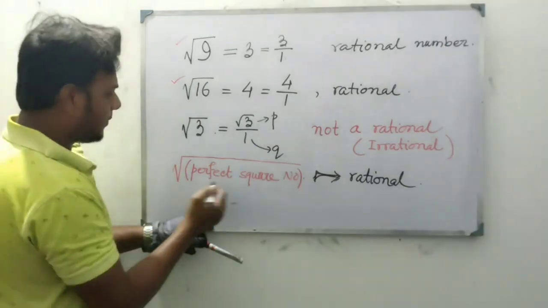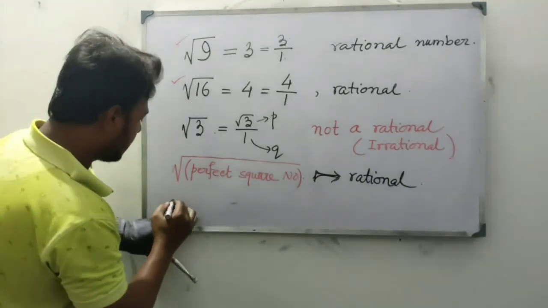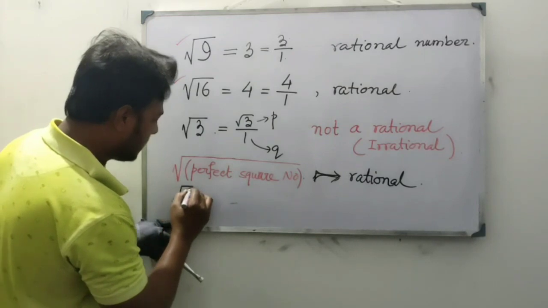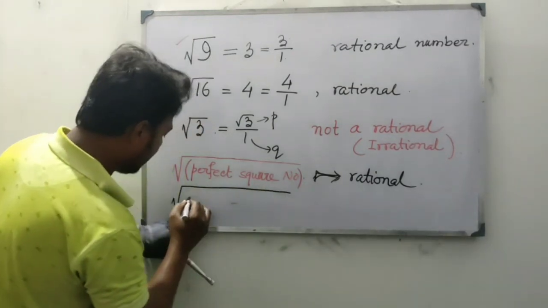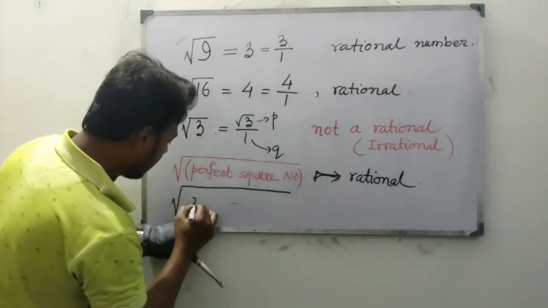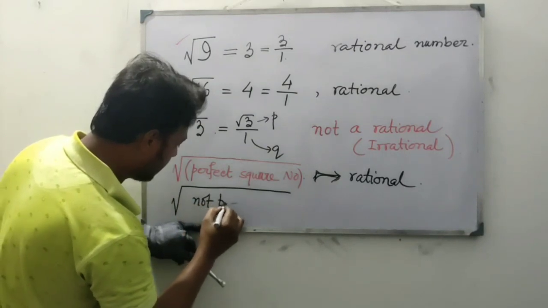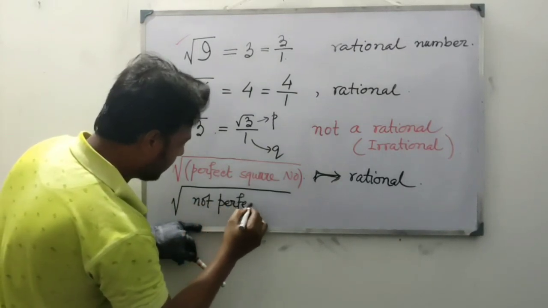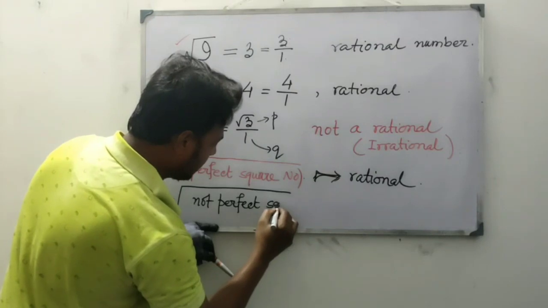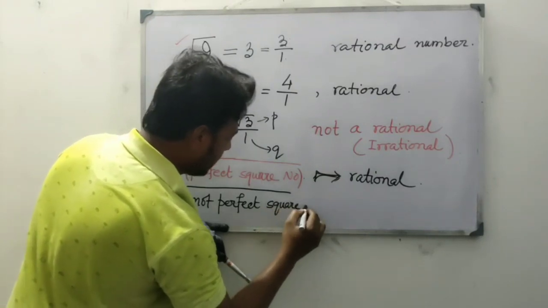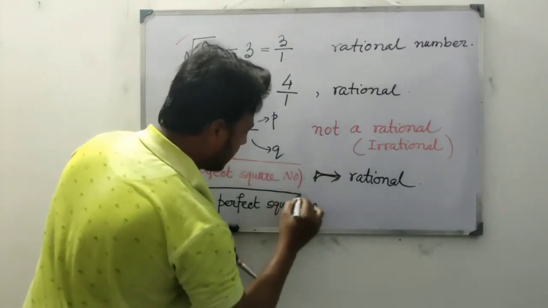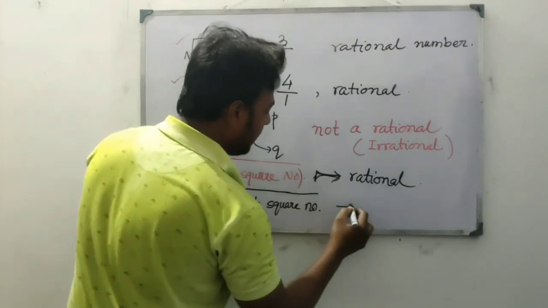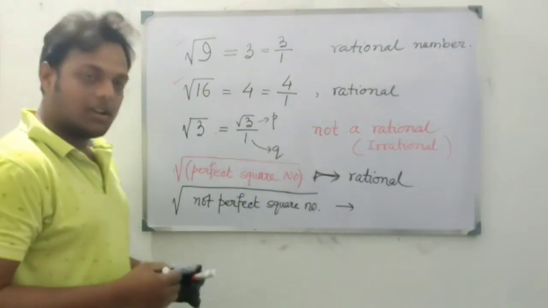We have verified this part, but inside the square root, suppose the number is not a perfect square number. Then what about this number? Will it be rational or irrational?